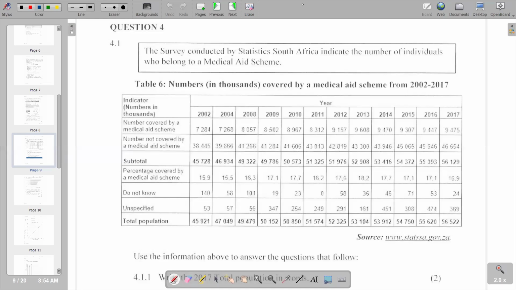Our question 4 is the survey conducted by Statistics South Africa indicates the number of individuals who belong to a medical aid scheme. So we are given a table 6, with numbers in thousands covered by a medical aid scheme from 2002 to 2017. So you can just browse through the table that we are given, and we can zoom it out.